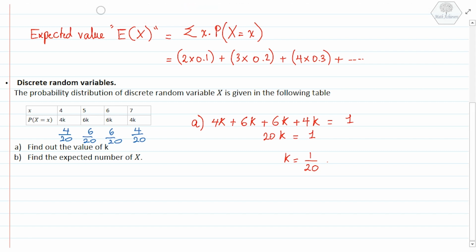For the expected value, we multiply each value of x by its probability and simply add them up.